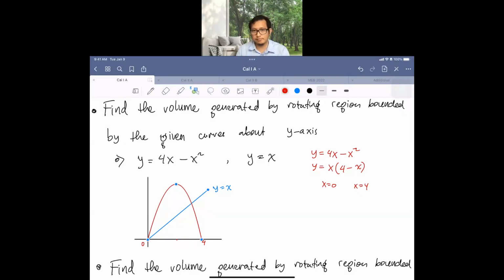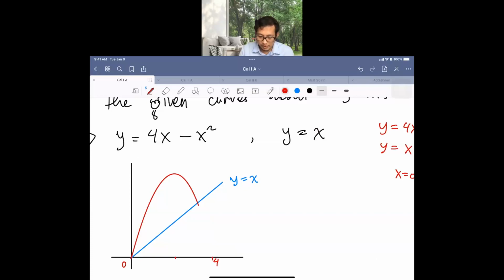So the idea here, after we sketch the graph, another important point with these integral applications is finding the intersection. I will erase this part, just to note that what we are going to observe is the area between these two curves. So the important thing here is the intersection.